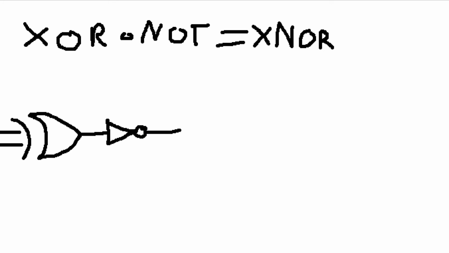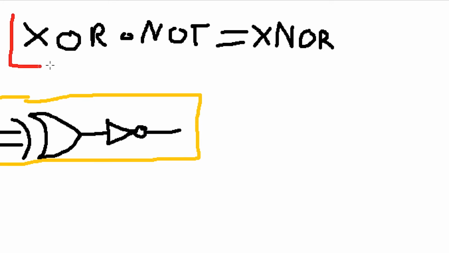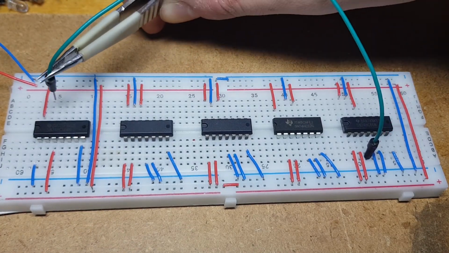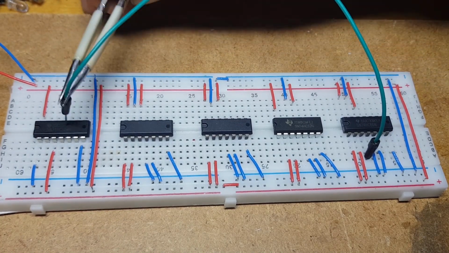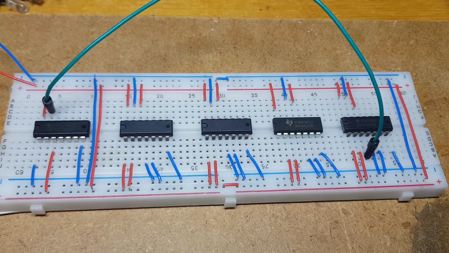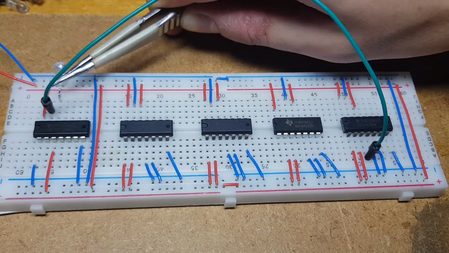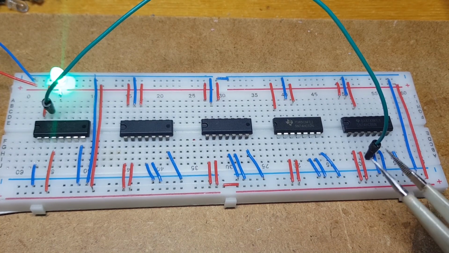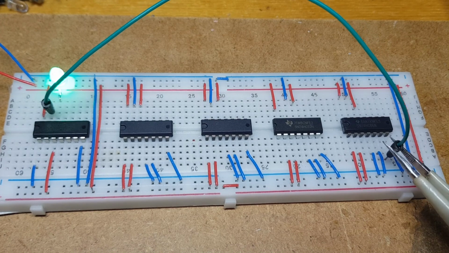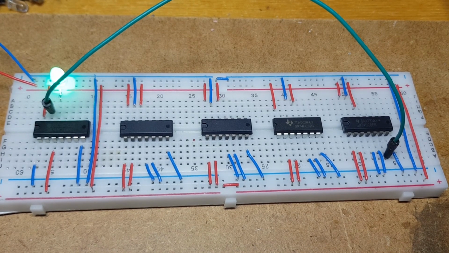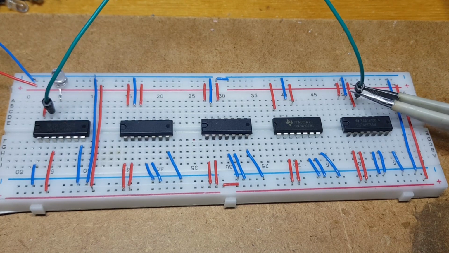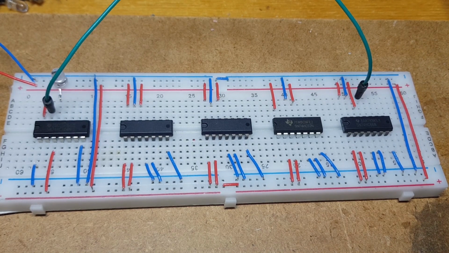So the outputs of XOR are connected to the NOT gate inputs, and the NOT gate outputs will be the outputs of XNOR. 1, 1 is 0 in XOR, but 1 after NOT. 0, 0 is 0 in XOR, but 1 after NOT. 0, 1 is 1 in XOR, but after NOT it's 0. So the outputs are the outputs of the XNOR truth table.